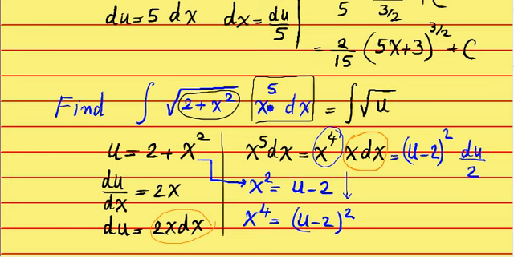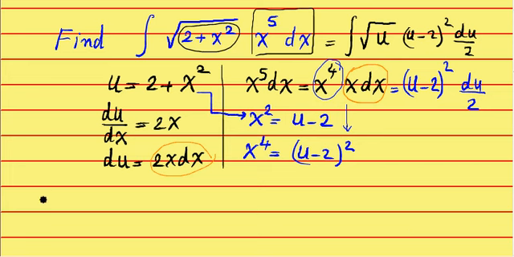This portion gave us a hard time. I had to split it into 2 pieces. One piece was available for me here. That was easy, du over 2. The other piece, x to the power of 4, I still had to go through the maze a little bit. X squared had to be extracted from here, and I need x to the power of 4, so I take that squared. So the remaining portion is u minus 2 squared, and then du over 2.